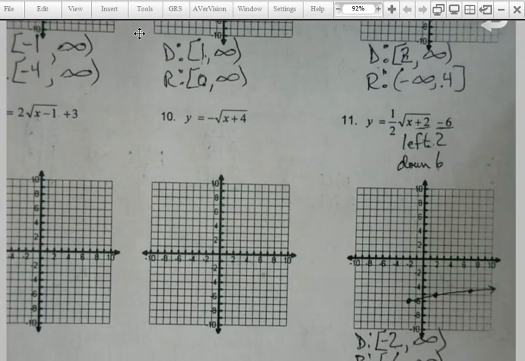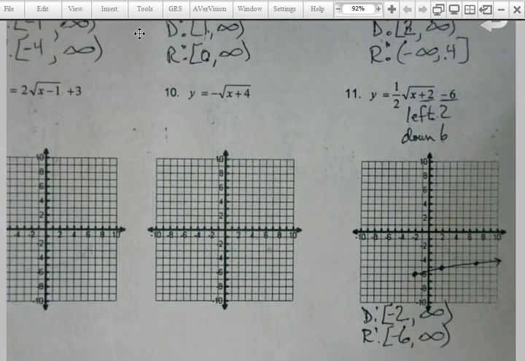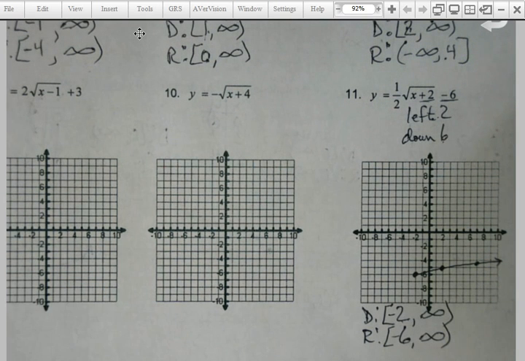So, again, take advantage of both ways. Use the calculator when you can, but you also understand this way how the shifts, what's actually going on with these.